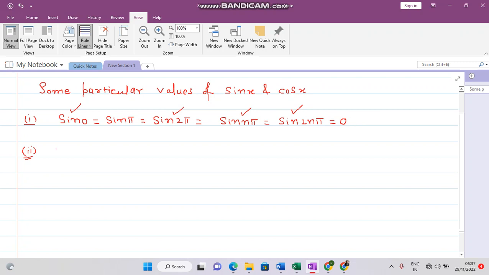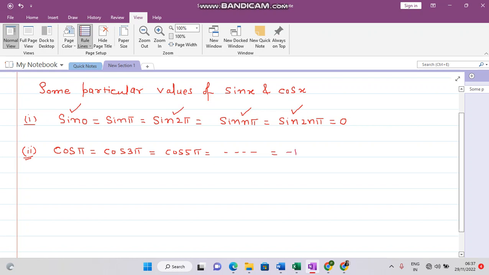Next, cos pi, cos 3 pi, cos 5 pi, all these values are equal to -1.